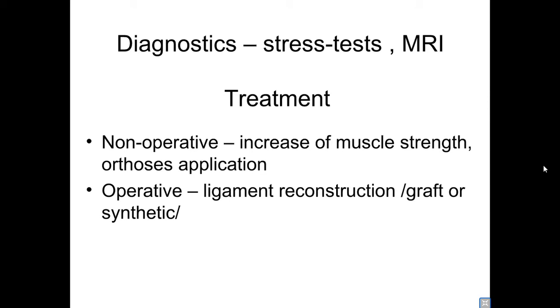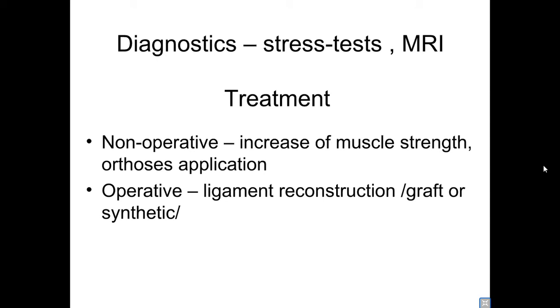Then we continue with exercises for the muscle, for increasing muscle strength. In this period, probably patients will be supported by the orthosis, but all this should be observed by an orthopedist and kinesiotherapist.